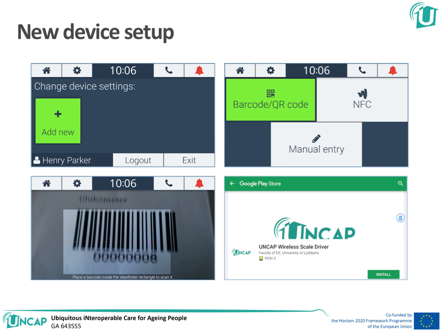Here we've chosen barcode. We scan the barcode with the phone camera, and this automatically directs us to Google Play, opens the driver application, and offers the possibility of installing it. And once the driver is installed, the box automatically detects it and it can be readily used.